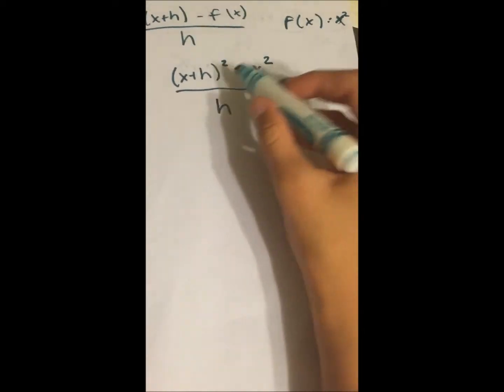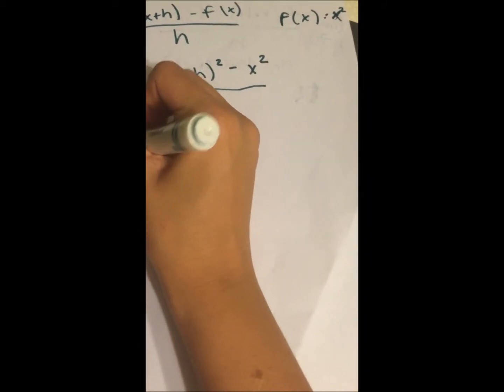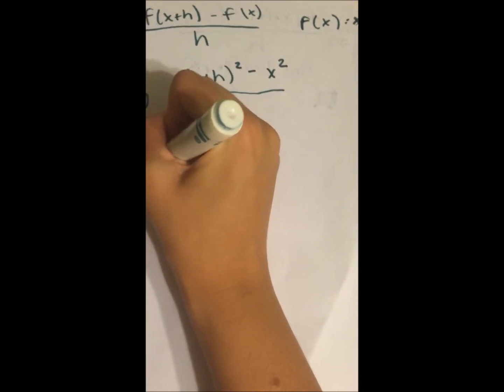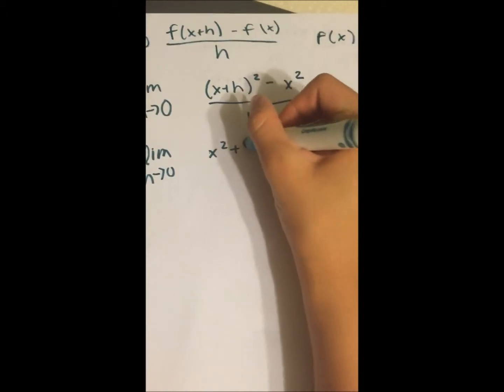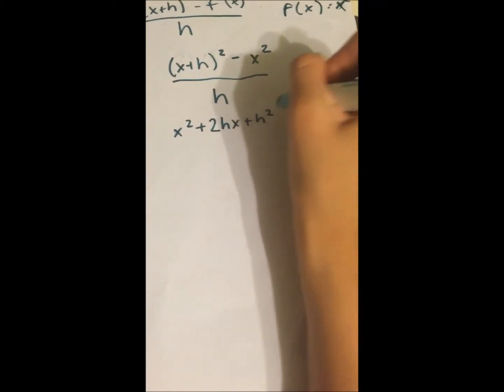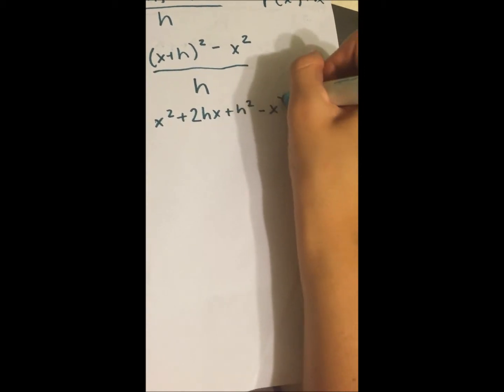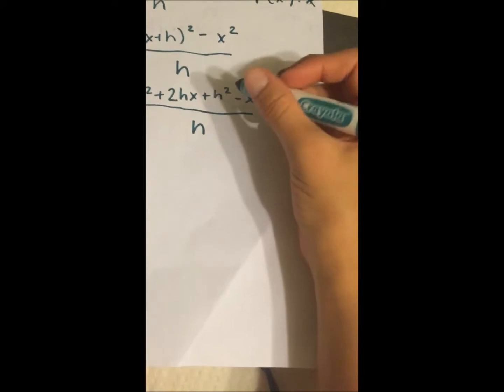Then you want to distribute this out and FOIL it out. So then you have the limit as h approaches 0 of x squared plus 2hx plus h squared minus x squared on the top over h.